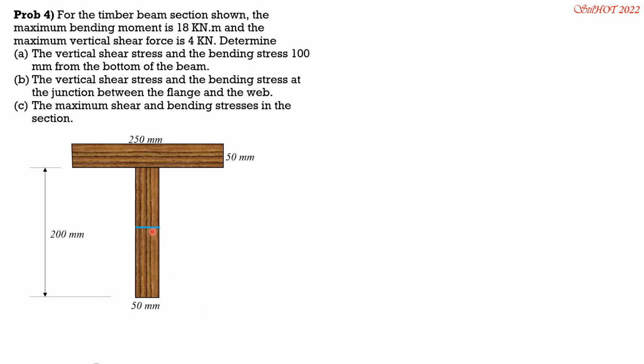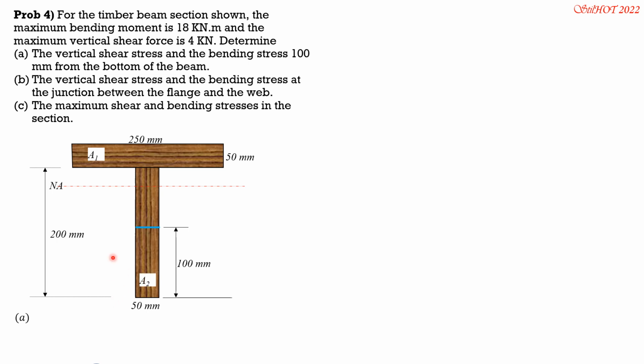So this is the level 100 mm from the bottom where we investigate the shear stress and the bending stress at this point, 100 mm from the bottom surface. And since this is 200, that's also 200. So I'll call this area 1. That's the location of the neutral axis expected. We will call that area 1, this one as area 2.